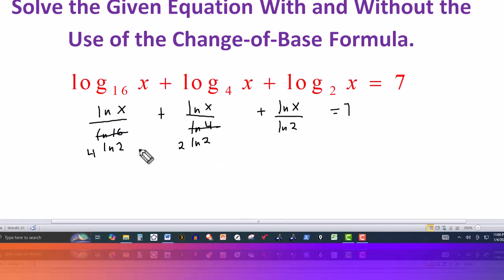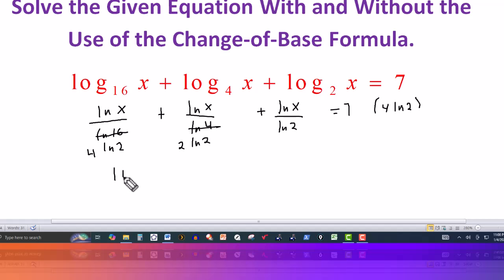And then I'm just going to clear the fraction, so I'm going to multiply through by the common denominator here, which is going to be 4 ln of 2. So for the first one, it has denominator 4 ln of 2, so that's going to cancel.